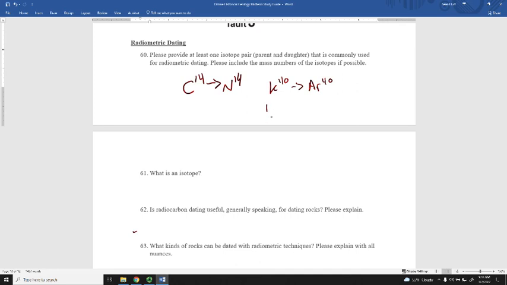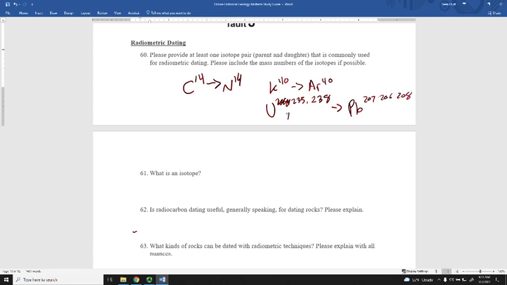You could talk about any of the uranium series ones, like uranium-235 or uranium-238, and how they go to either lead-207 or 206 or 208, right?